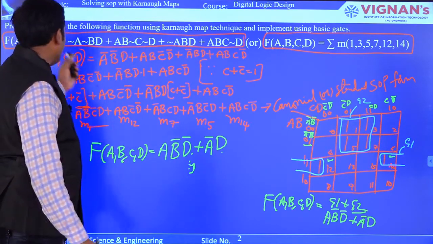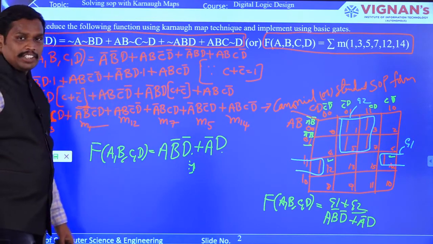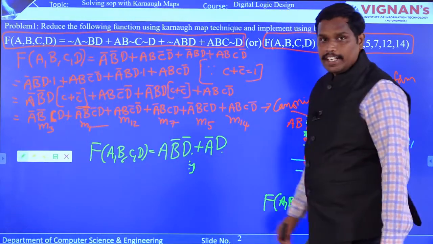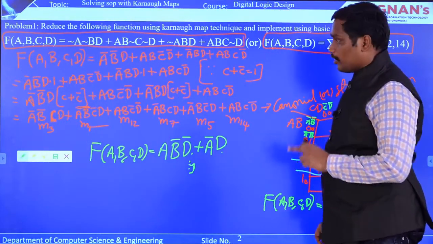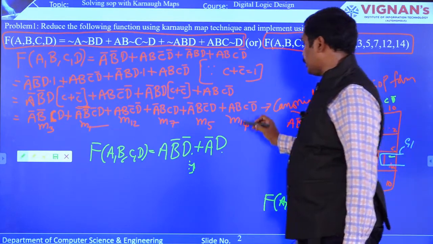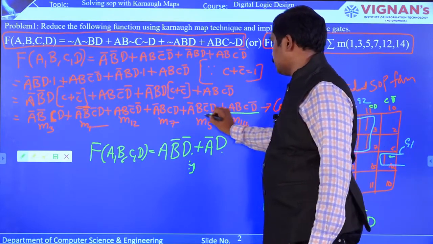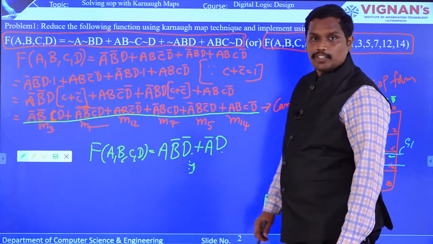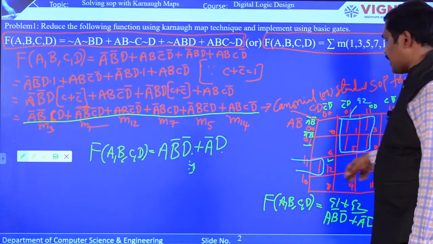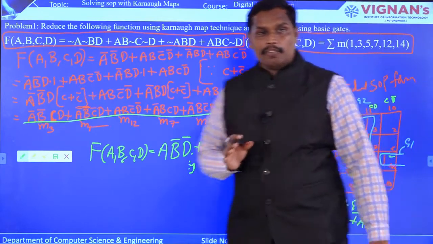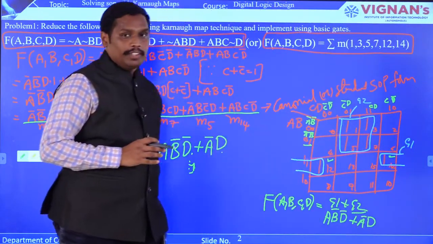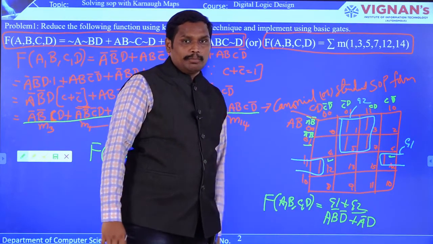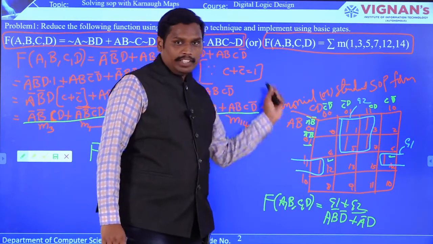So once again I'm repeating it. Whenever the expression is given to you, that is an SOP expression, check whether it is in canonical or standard SOP form. If it is not in canonical or standard SOP form, then you have to derive this particular expression in the canonical or standard SOP form, and then construct a Karnaugh map, identify the groups of ones, and after identifying the groups of ones, construct the final expression, which is called the simplified Boolean expression for the SOP form.